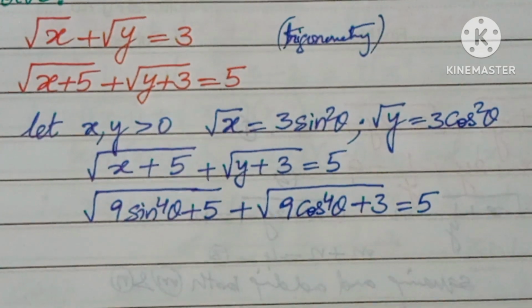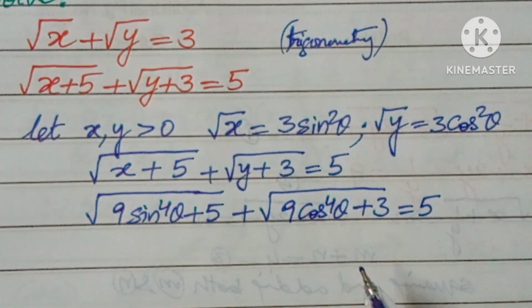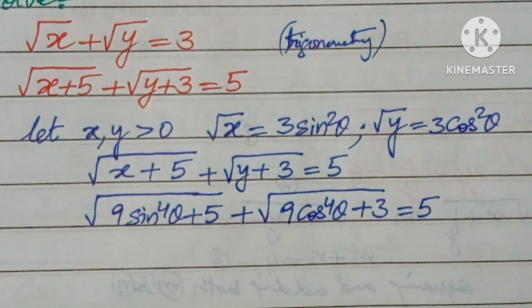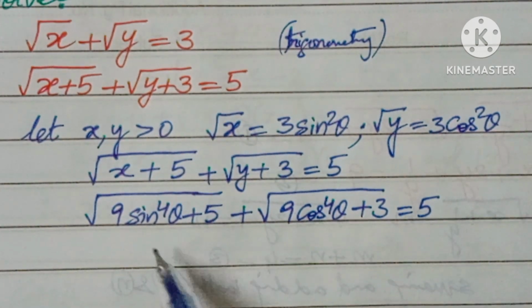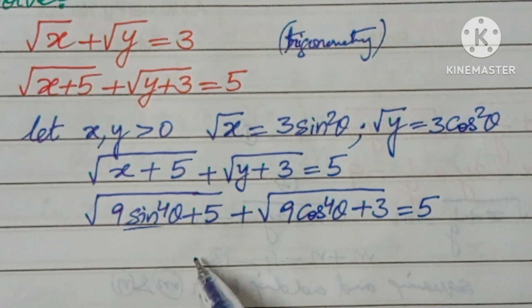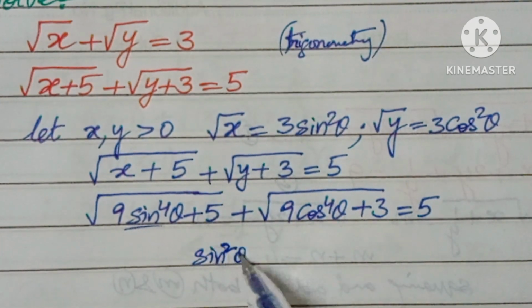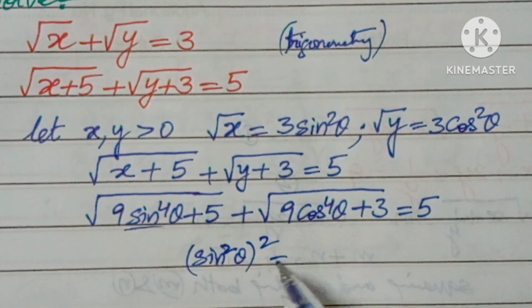Now the total equation you have to change into cos. So what you have to do here is, for this part, we are writing sine square theta whole square.